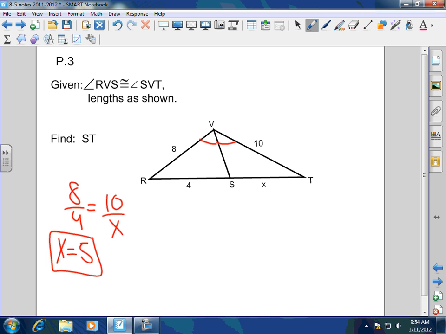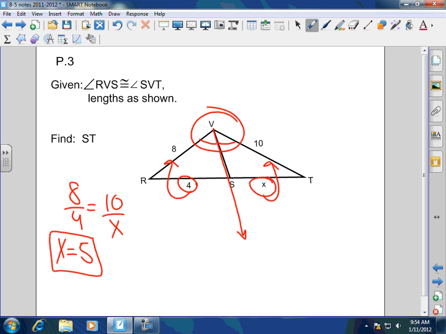Very good, sir. Why? Well, VS bisected angle V. So remember what the theorem states. Since it bisects angle V, the side opposite of the bisection is going to be proportional to its adjacent. This side opposite of the angle that was bisected is proportional to its adjacent.